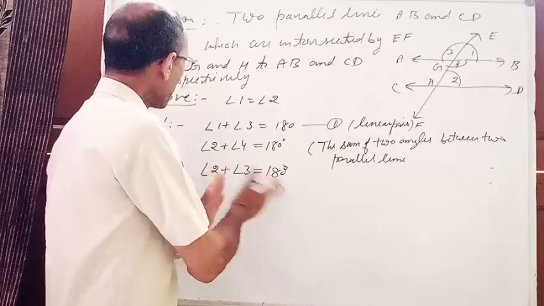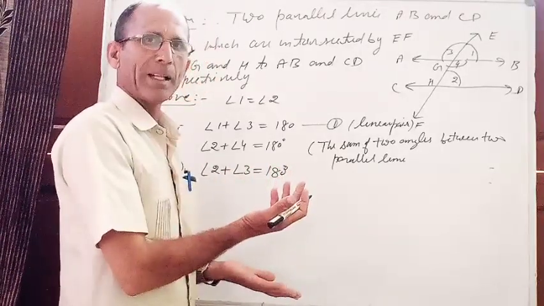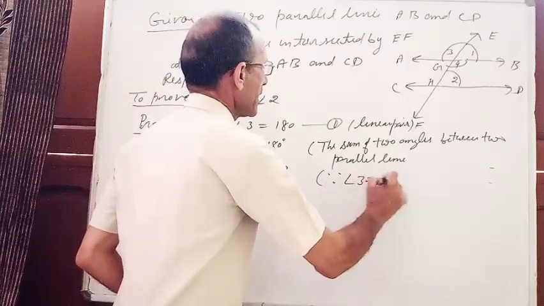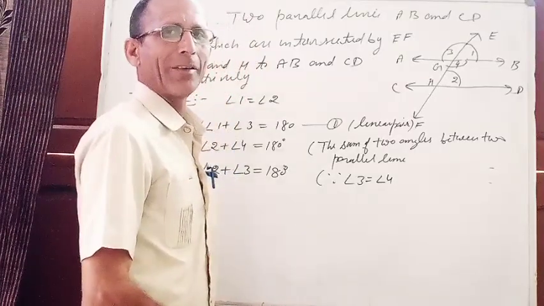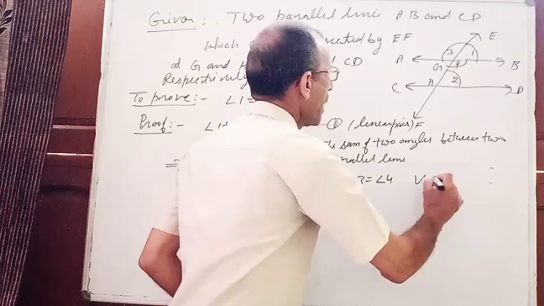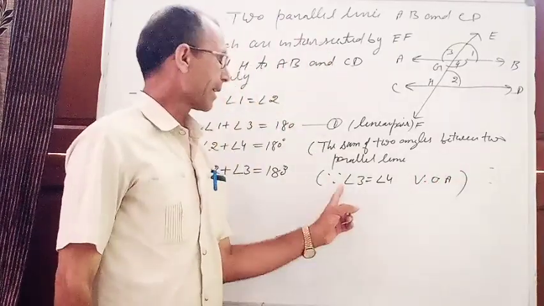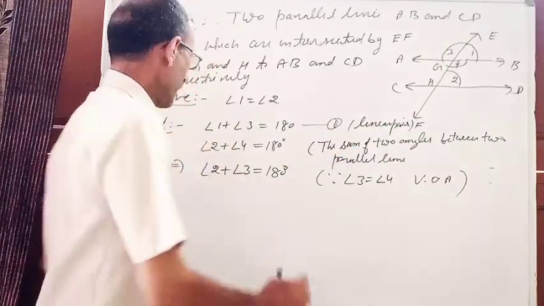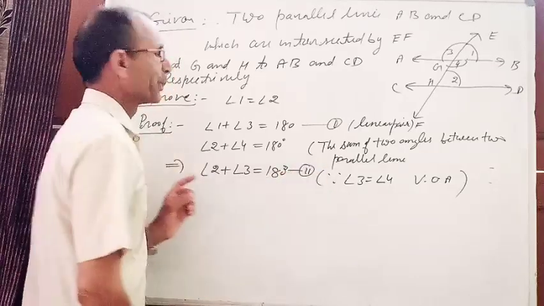If I replace angle 3 by angle 4, no problem, because both are equal. The reason you will give for why I have written like this is vertically opposite angles. Angle 3 and 4 are vertically opposite angles. So this is equation number 2.